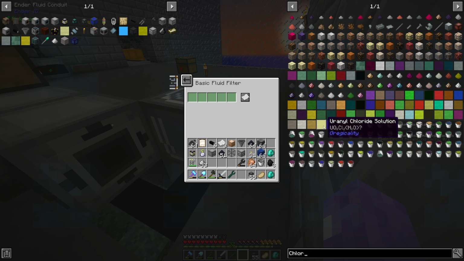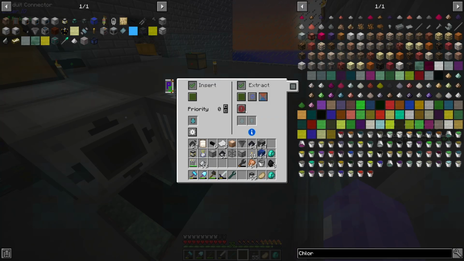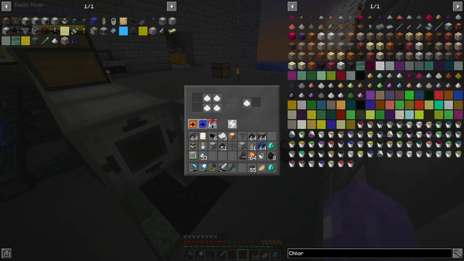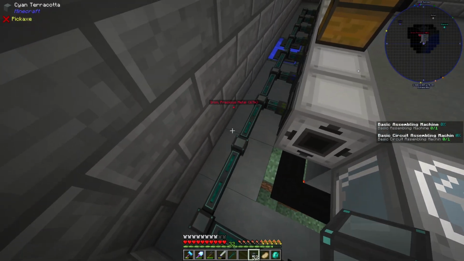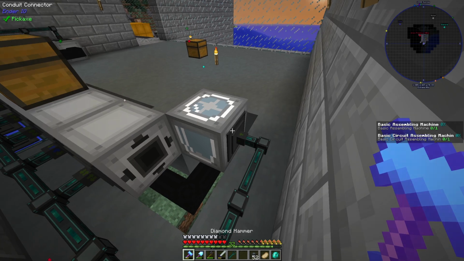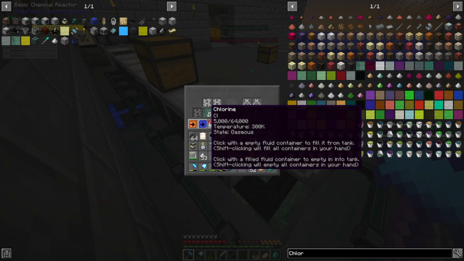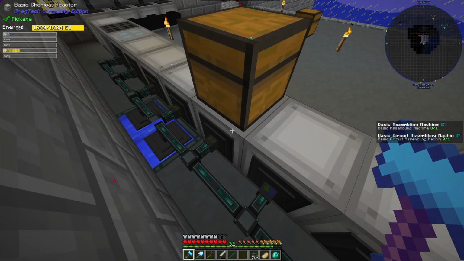Which one is it? Chloroauric acid. So now that should be inserting the chloroauric acid, once I figure out where it's at.